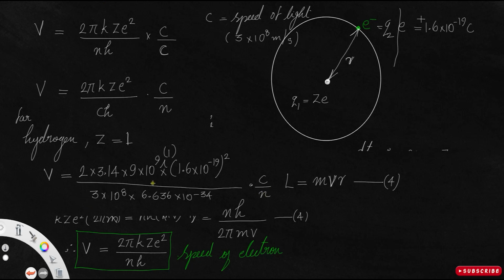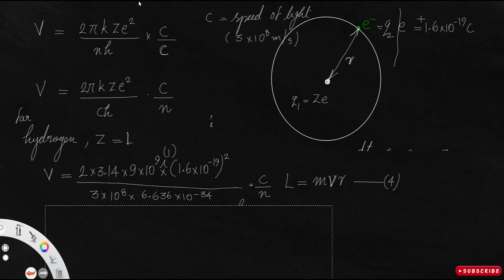Now if I simplify the constants on the left of c by n, I'll get this value. On simplifying, I'll get v equal to 1 by 137.